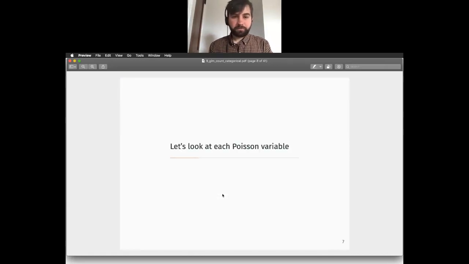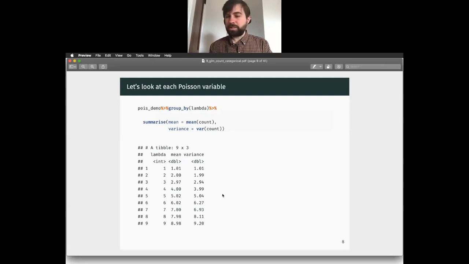Okay, so let's look at each Poisson variable a little more closely, just so I can drive home this mean variance relationship, right? So if I take this Poisson demo I made, which has values of lambda from 1 to 9, we see that the mean and variance are approximately equal to each other, right? That as the expected value goes up, and the expected value is equal to lambda, right?